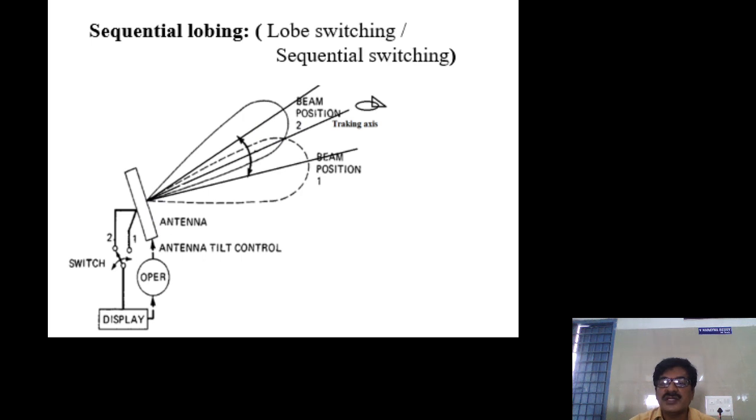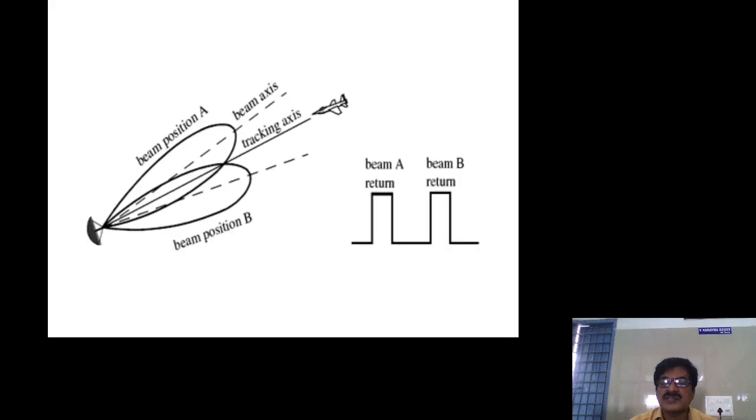If the target is on the tracking axis, the echo received with the radiation pattern in position A, or 1, and the amplitude of the echo signal received with the pattern in position B, are the same in magnitude.